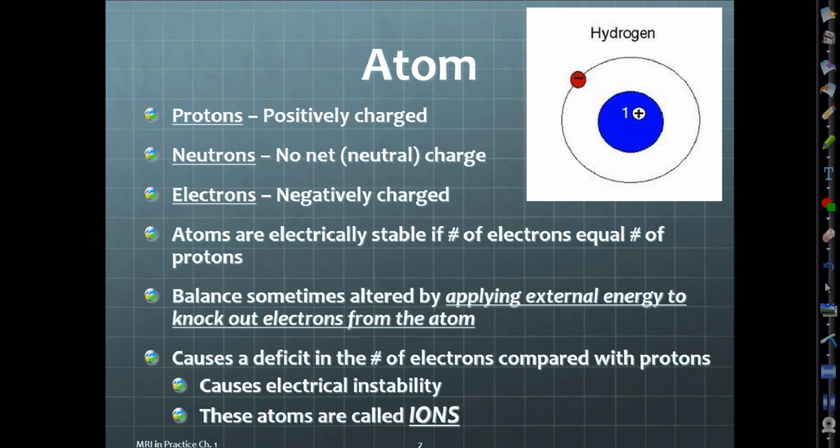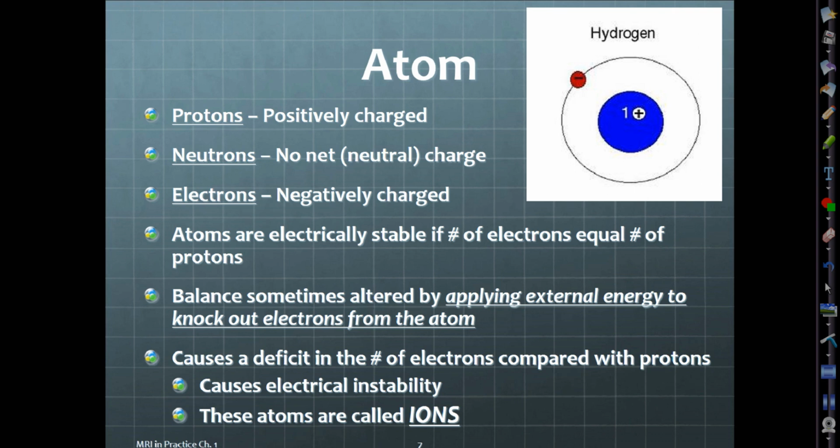So we just talked about this: protons are positively charged. Neutrons have no net or neutral charge. Electrons are negatively charged. And atoms are electrically stable if the number of electrons equals the number of protons. But that balance sometimes gets altered by applying external energy, like an X-ray, and knocking electrons from the shell, those outer orbits of the atom.